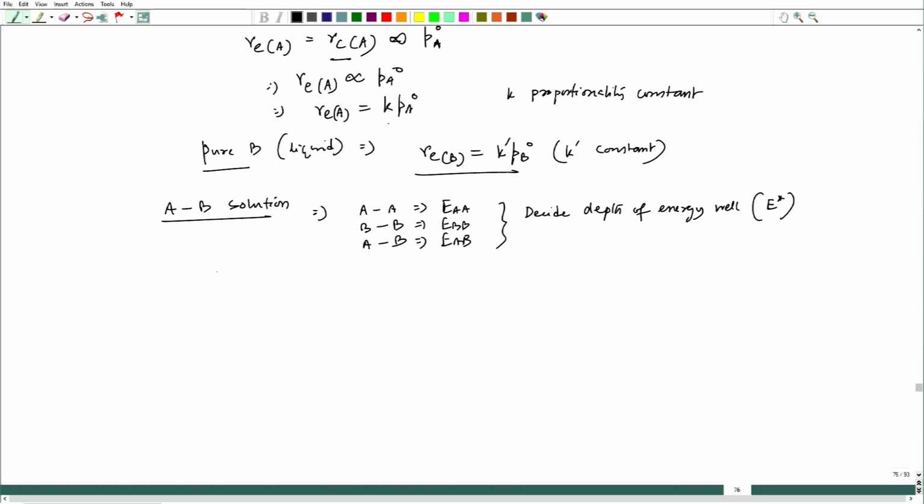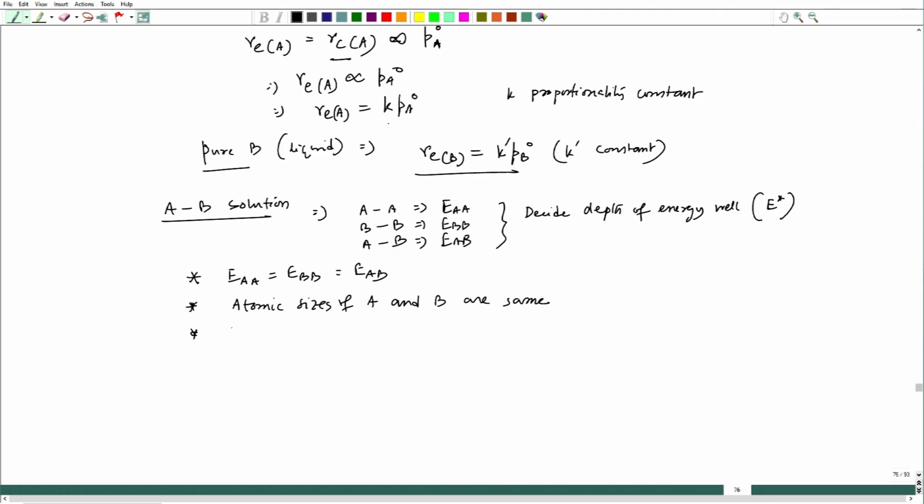Now, let us say we take E_AA equal to E_BB equal to E_AB, so all the bond energies are the same. We also take that the atomic sizes of A and B atoms are the same.